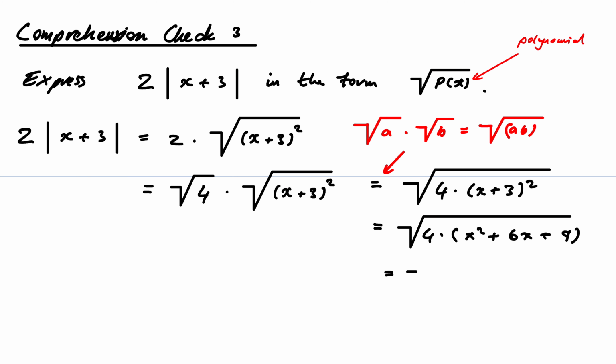So finally, if you want to put it in this very standard form, 4x squared plus 24x, I'm just distributing, plus 4 times 9, that's 36. So there we go. Px would be that polynomial in there.